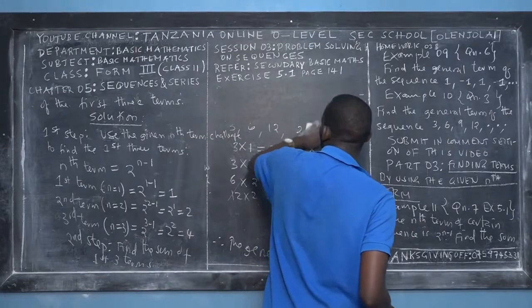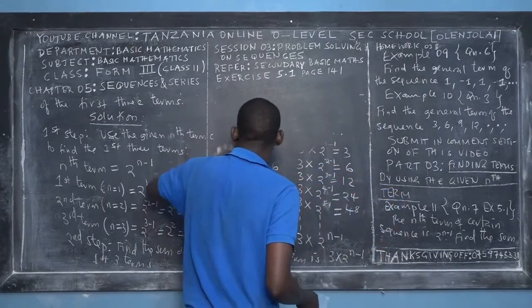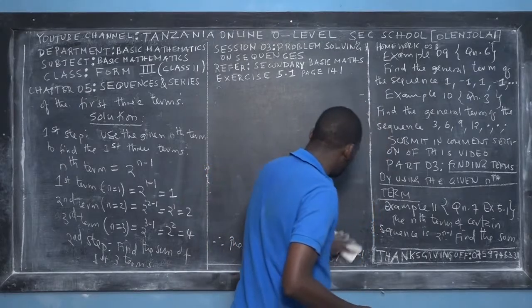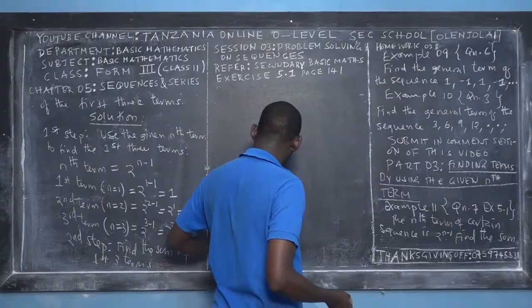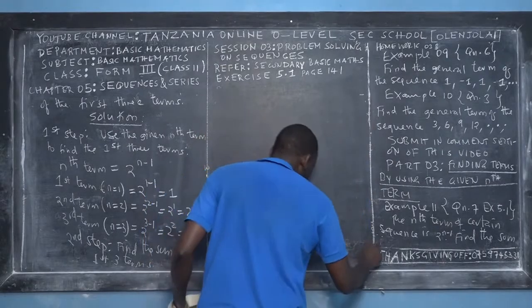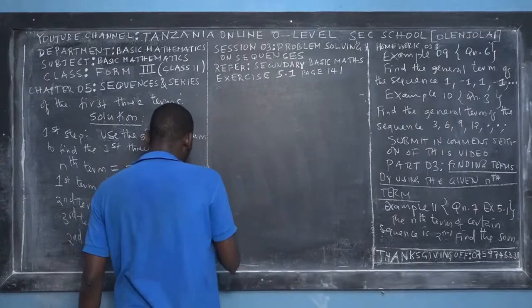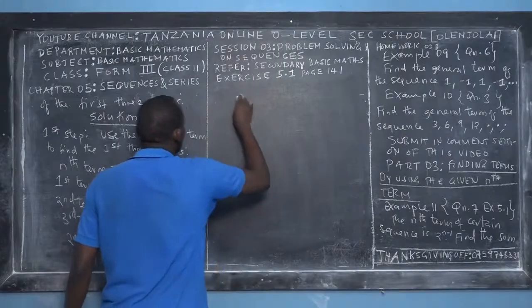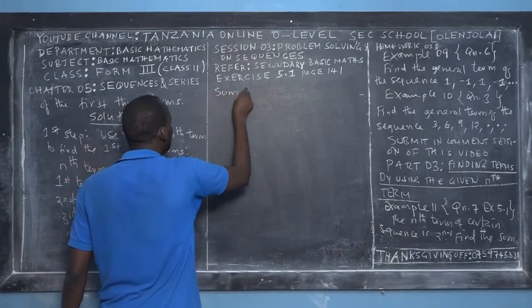Finding the sum of the terms, we just take the first term plus the second term plus the third term plus the fourth term plus the fifth term, etc. I'll be teaching one concept about the sum of the nth term in arithmetic progression.